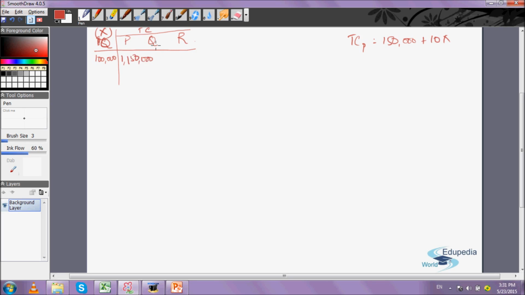The same would be the case with Q. Total cost of Q is 350,000 plus 8x. And then the total cost of R is 950,000 plus 6x. I think I'll have to write it.